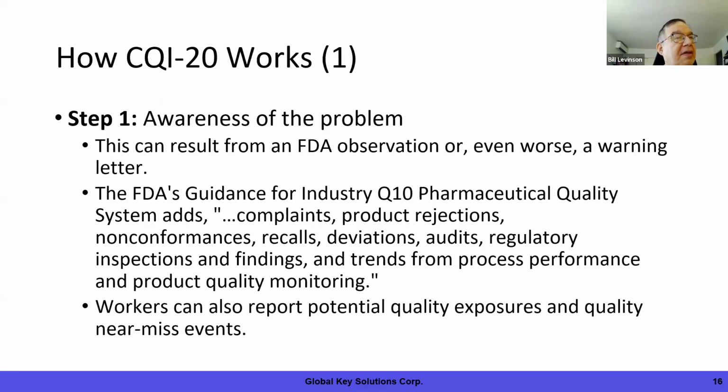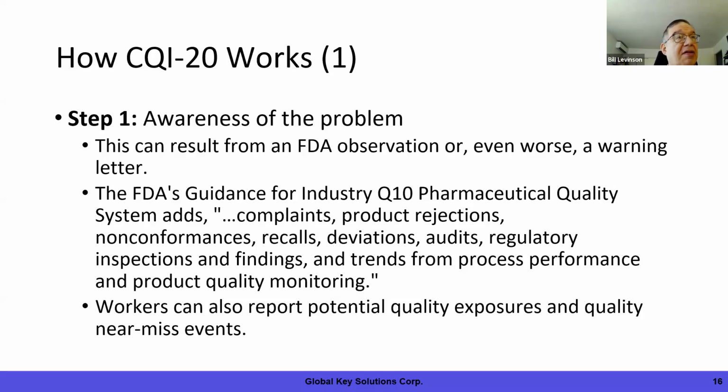How it works, and this is an extremely brief overview. I recommend purchasing the manual. Anything from AIAG tends to be expensive, but I found it to be a good investment myself because these, as far as I know, are some of the best references in existence. Here's how it works. Awareness of the problem can result from a 483 or even worse, a warning letter.